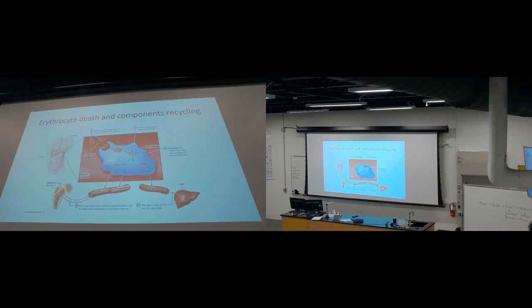So that's the cycle. This is hemolyzed blood, and then the heme gets converted into biliverdin and then into bilirubin, which are pigments.